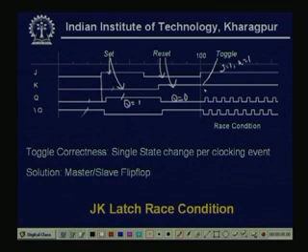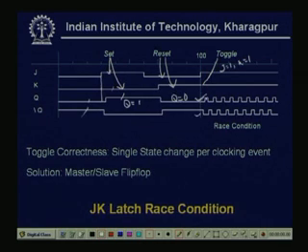Now, see here what will happen. Because it is a feedback, a 1 0 1 0 type of thing will happen at both outputs, because one is the complement of the other.